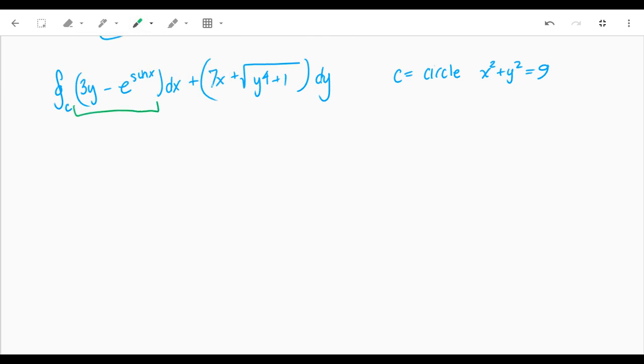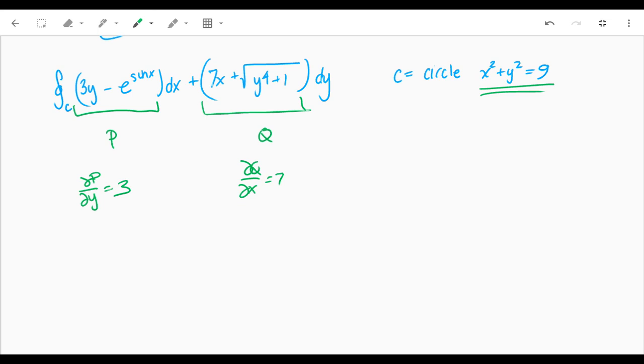Okay, this is P. This is Q. Okay, dP/dy is 3. dQ/dx is 7. And then we are going to convert to polar for this guy, okay?